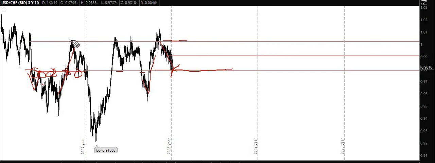Look at this. This is where it's at. You've got all this supply, and then it rolls over. You're oversupplied, it rolls over. Supply rolls over.